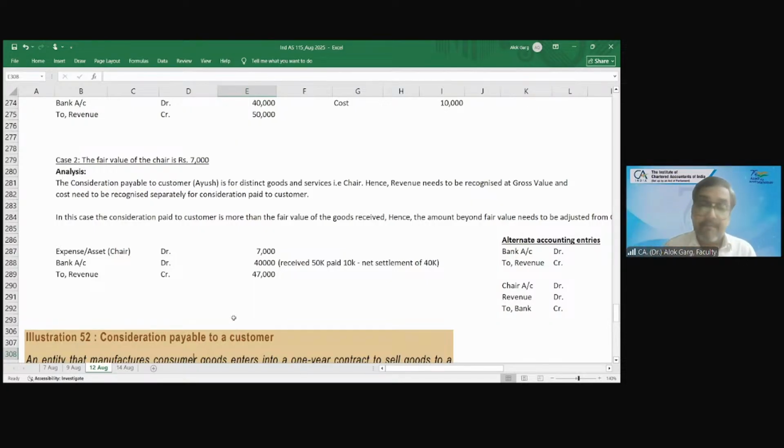But if your payment to the customer is more than the goods and services received from the customer, it is just like a discount given on your sales. It means that whatever extra you have paid to your customer will be deducted from the revenue.